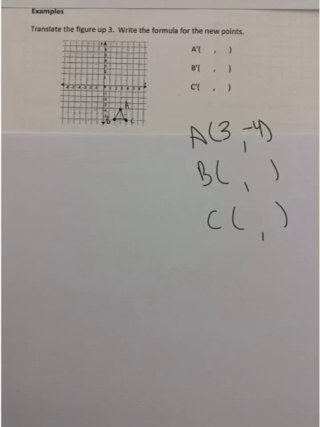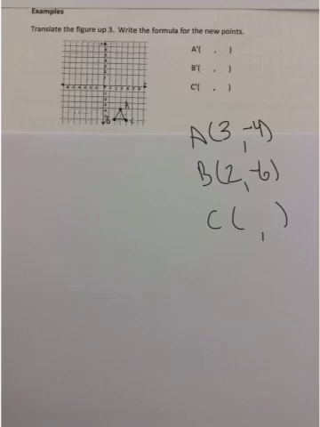Okay, and then we're going to go back and try to find point B. So we're going to start at the origin again. And this time we're going to go right 1, 2. And we're going to go down 1, 2, 3, 4, 5, 6. So our ordered pair for B is 2, -6 since we went down 6.